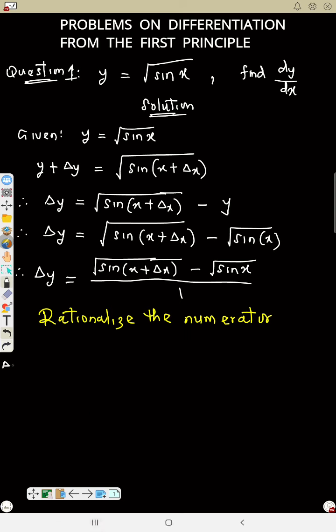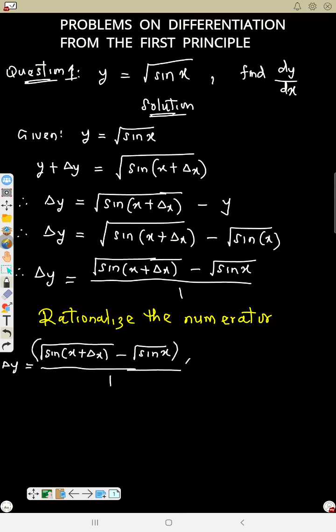So that means delta y is equal to square root of sine of x plus delta x minus square root of sine x, divided by 1, times square root of sine of x plus delta x plus square root of sine x.